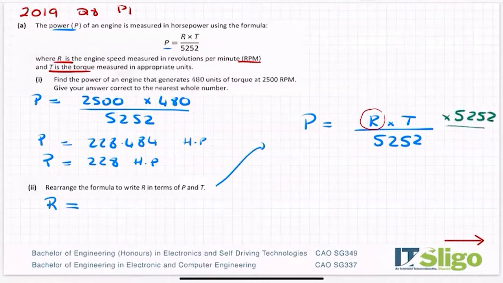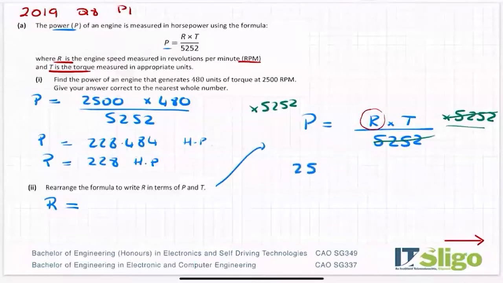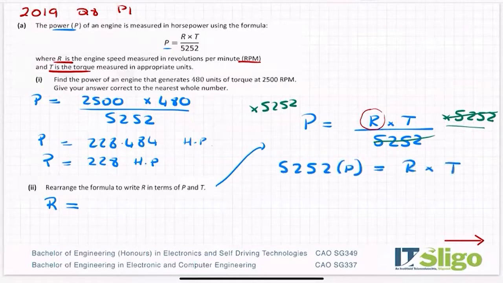What I do to one side, I have to do to the other. And once you have something on the top and something on the bottom, they cancel. So then you see that you're getting 5252 by P is equal to R by T. I then need to get rid of T, and T is multiplied to R. So if I divide by T, again, always look, one on the top, one on the bottom.